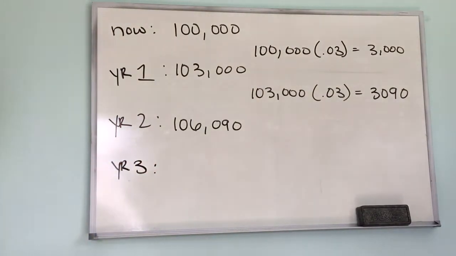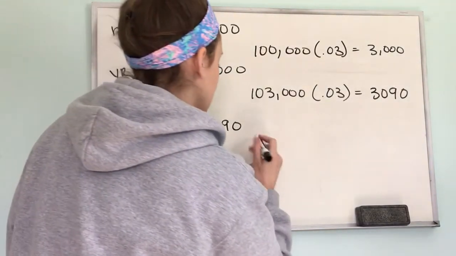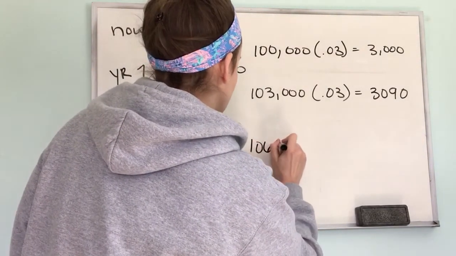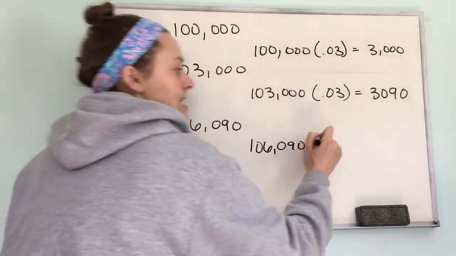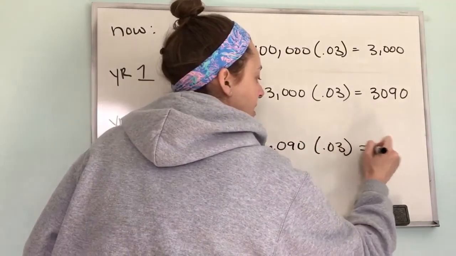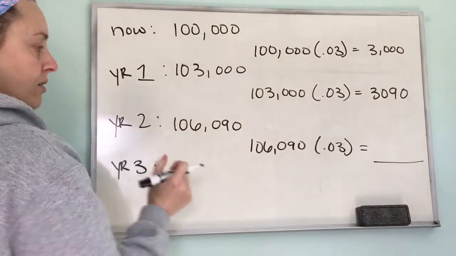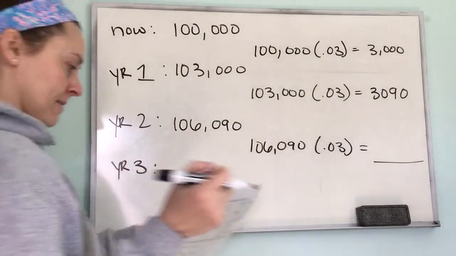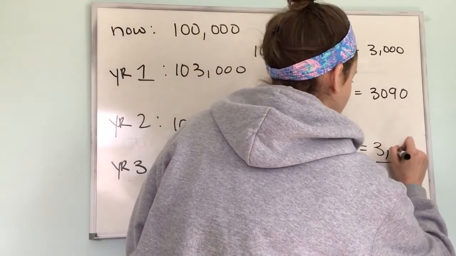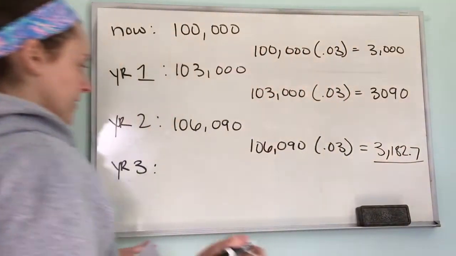All right, what about after year 3? I do the same process again. I take the population from year 2 and I increase it by 3%. So I say this plus this number will equal this number. I got 3,182.7. That's fine.